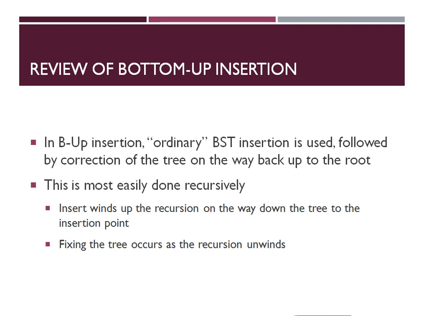So bottom-up insertion is also known as ordinary binary search insertion, where the insertion of a new node always takes place at the leaf node, and then we have to follow the BST properties.